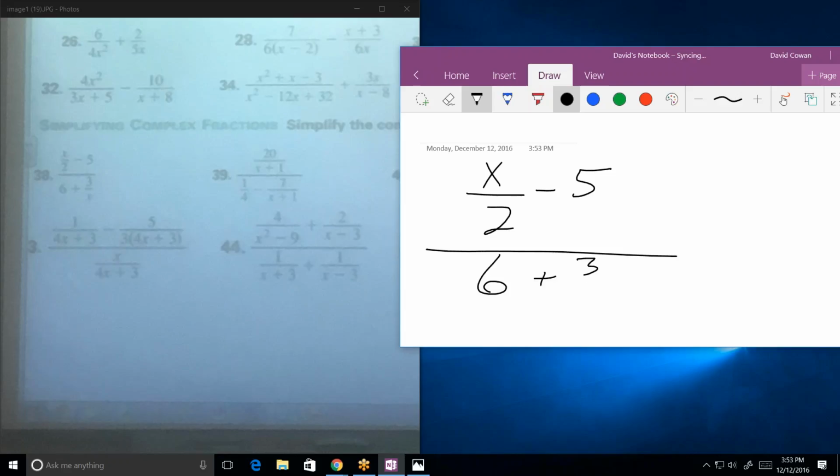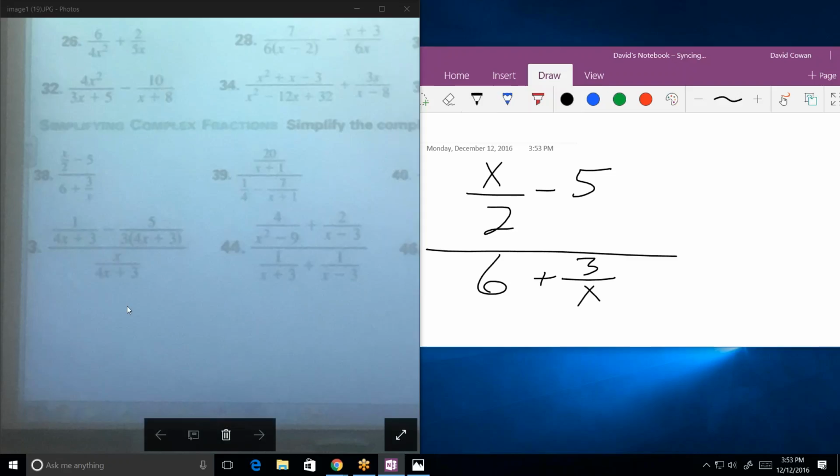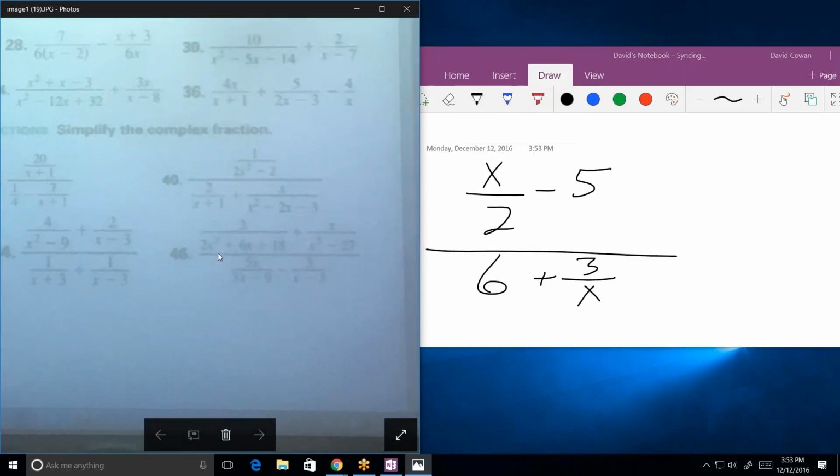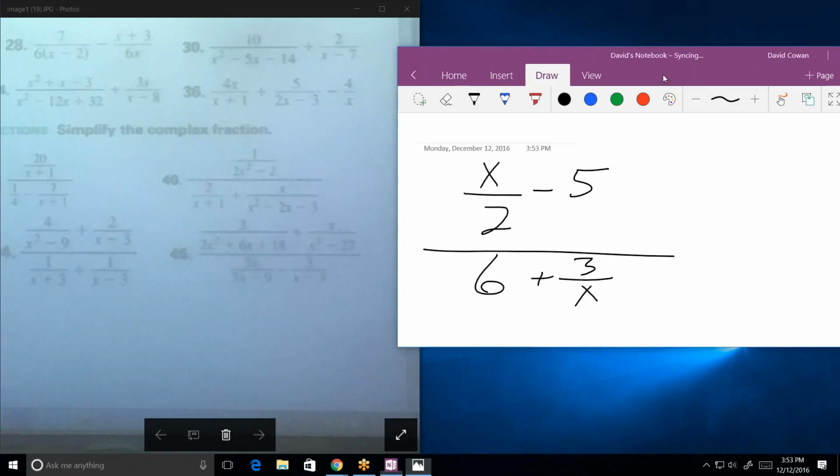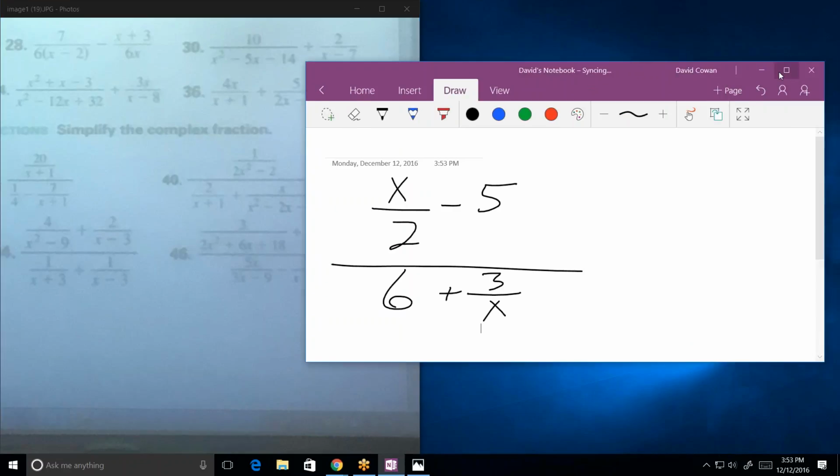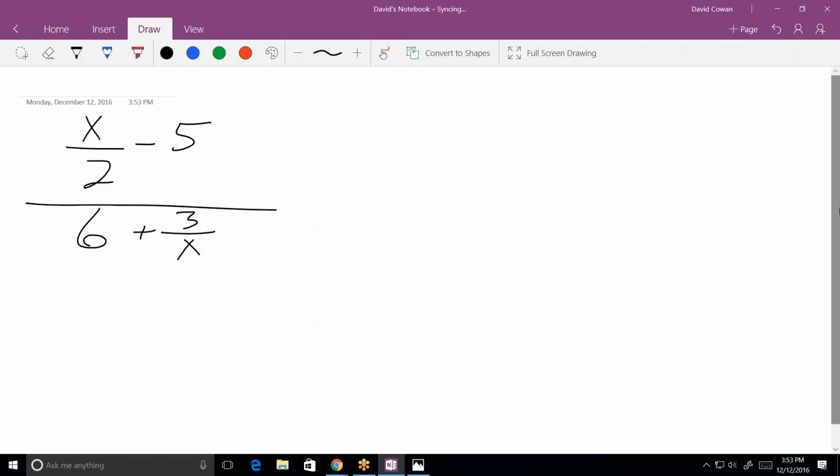Okay, I mean, they're either 4 steps or 12 steps. 46 might be 12 steps. But basically, they're all the same in terms of the process you use. What am I going to do first? Find least common denominator between the two subfractions.